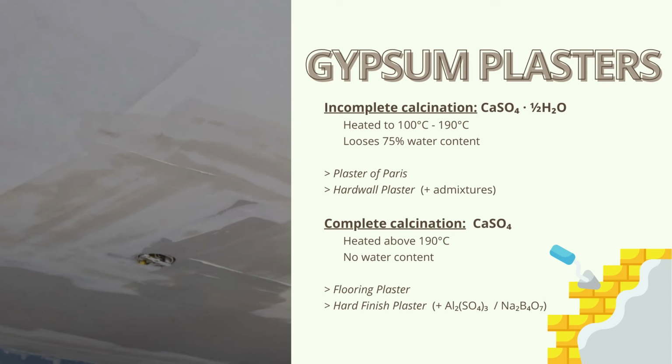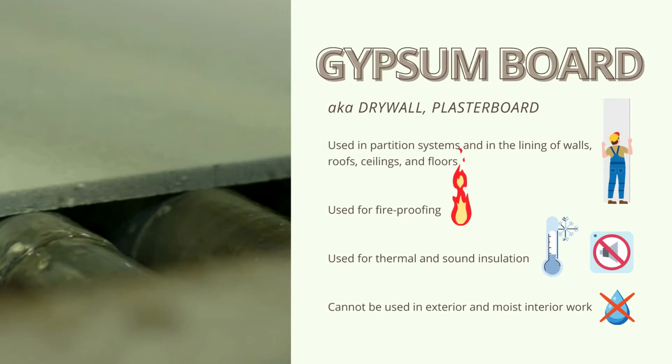Here, gypsum loses all its water content to produce gypsum anhydrite. Gypsum anhydrite without impurities creates flooring plaster. When containing aluminum sulfate or sodium tetraborate, it produces hard finish plaster, which can be used as a smooth, abrasive-resistant skim coat plaster.